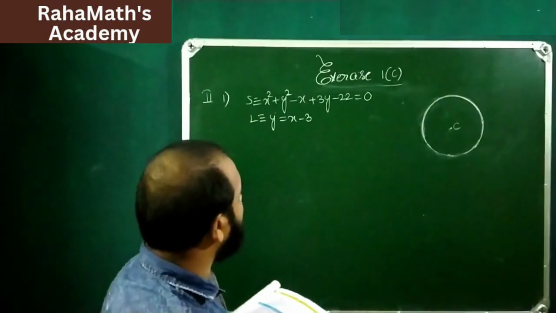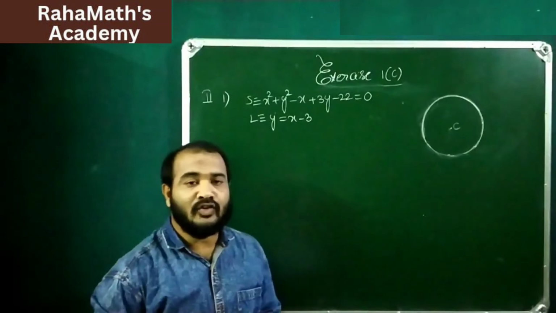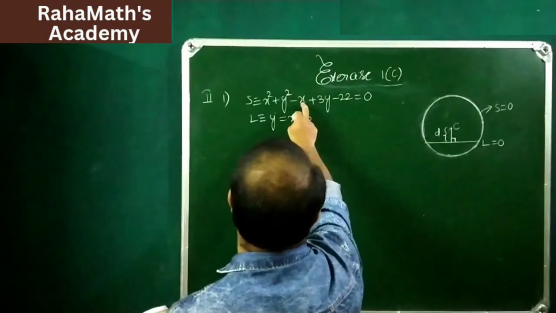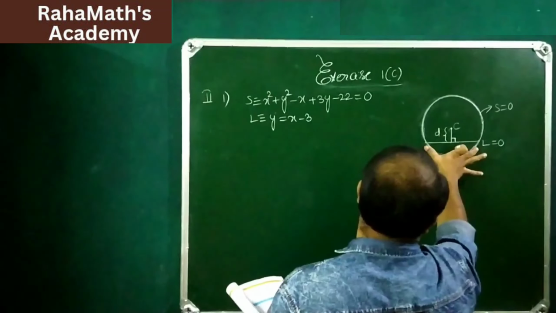So this is the question given. For example, this is the circle S equals 0. Let us suppose that this is the line, L equals 0. If I drop a perpendicular here, this is my d. What is d? The perpendicular distance from the center of the circle to this line.